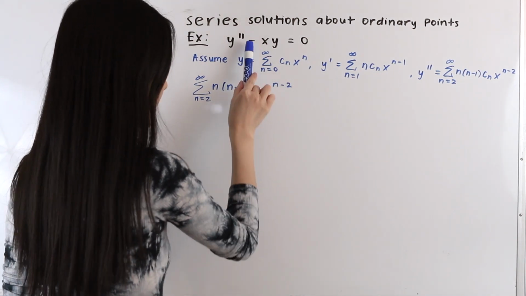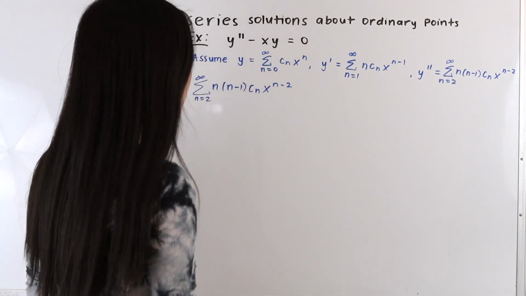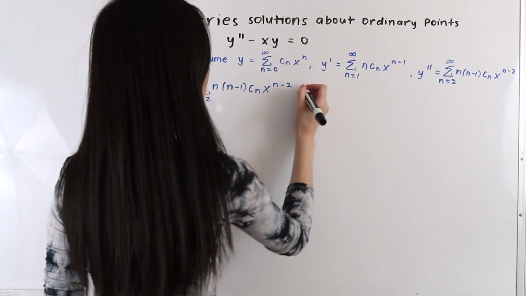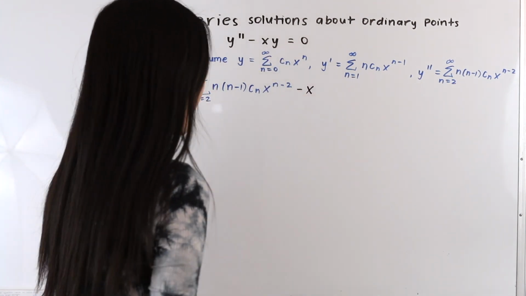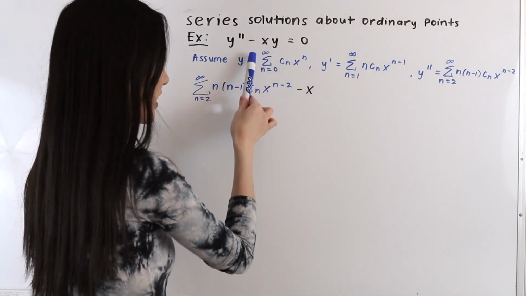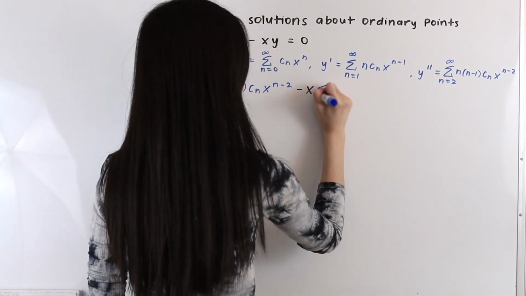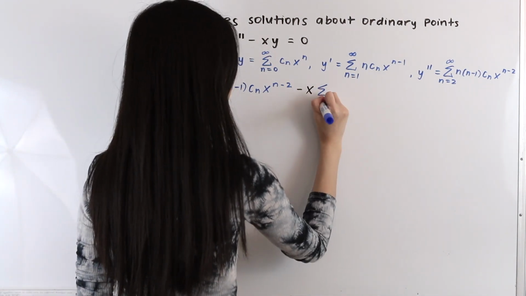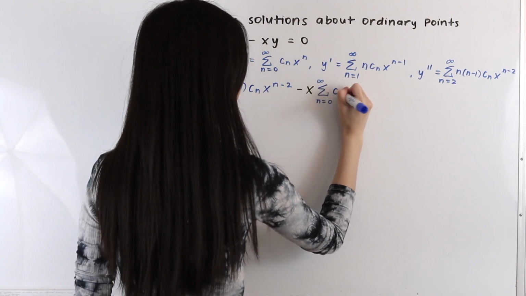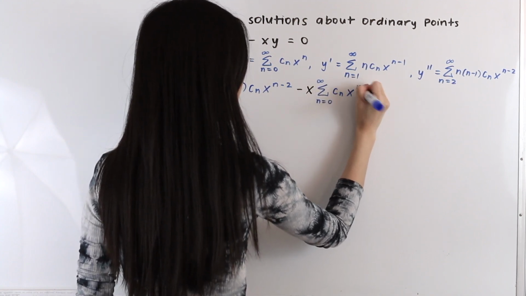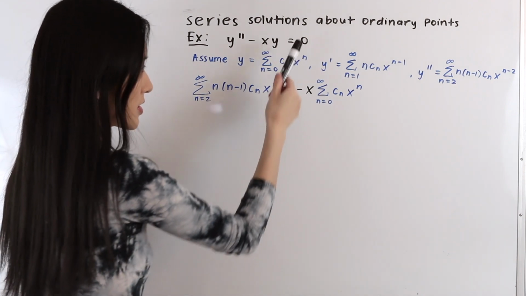And then this is minus x times y, and y is equal to the summation here, so we have times the summation from n equals 0 to infinity of cn x to the n, and this is all equal to 0.